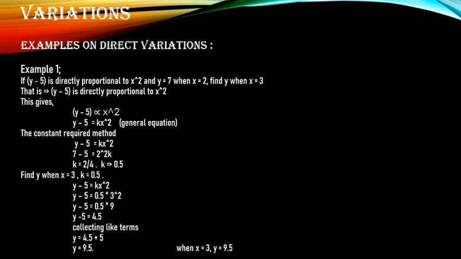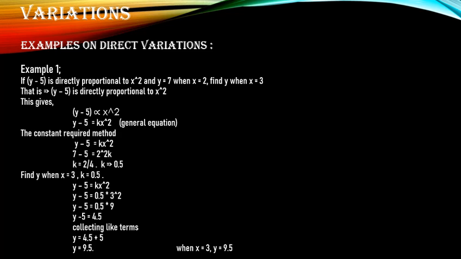Then he said find y when x is 3. So going back to this general equation, y minus 5 is equals to 0.5 times x raised to power 2. Then find y when this x here is 3. That's y minus 5 is equals to 0.5, that's the constant k that we looked for previously, times 3 squared, the 3 is already representing the x.